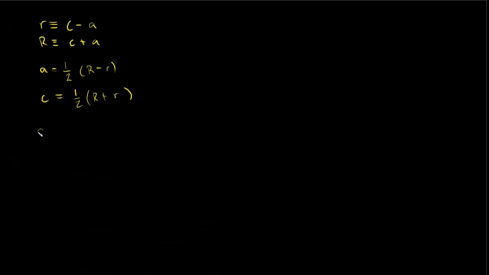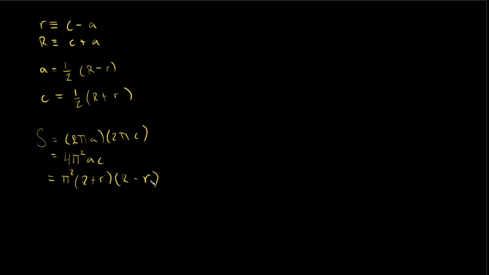And then the surface area of this torus is S equals (2 pi a)(2 pi c), and this simplifies to 4 pi squared a c, which is also equal to pi squared (R plus r)(R minus r).